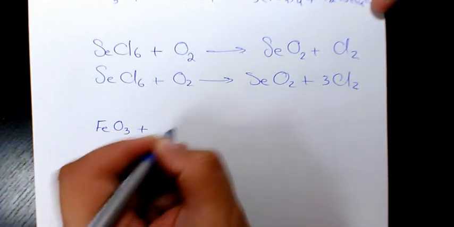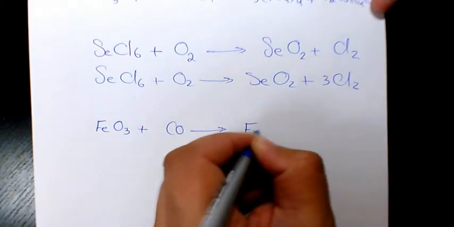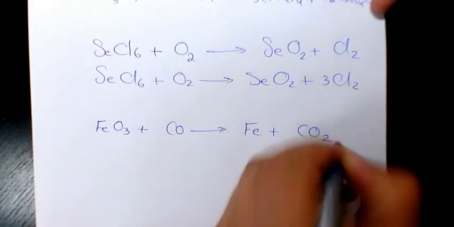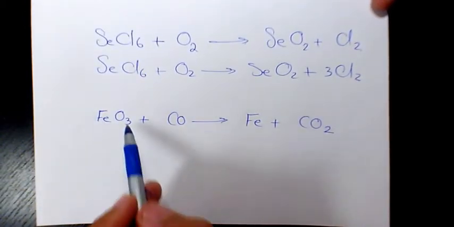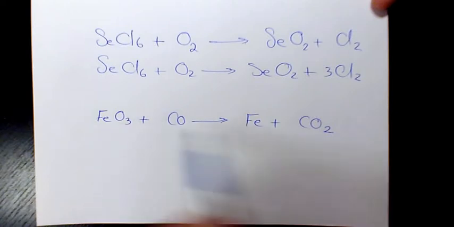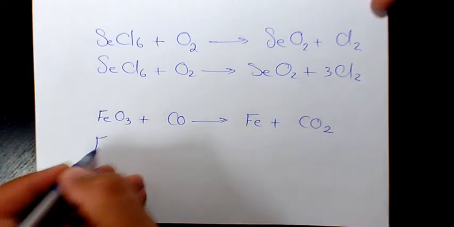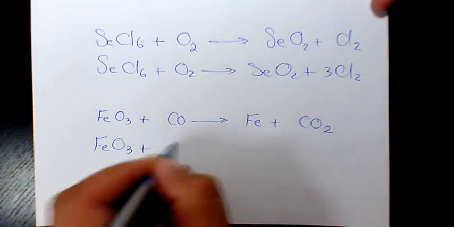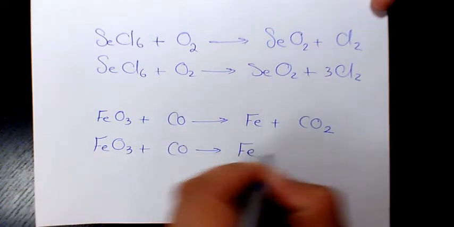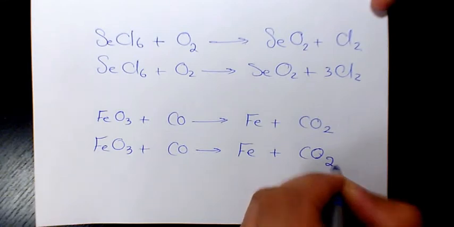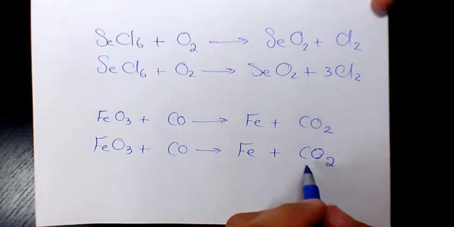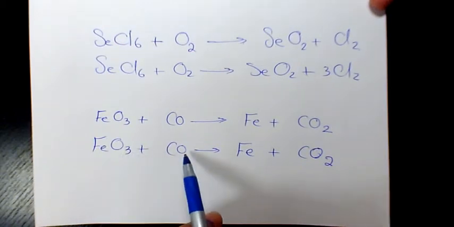Next one is Fe2O3 plus CO gives us Fe plus CO2. So we have 3 and 1, 4 oxygen. So we need to place 2 in here. Actually, we have 3 and 1.